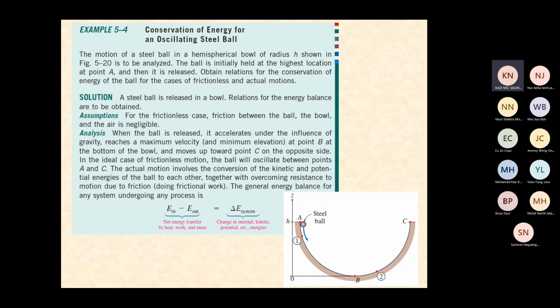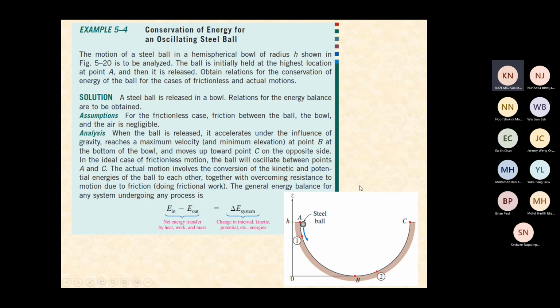Conservation of energy for an oscillating steel ball. Here you consider a steel ball. You drop it, imagining that there is no friction loss and no heat generation, nothing. Then it will drop down from here and go back to exactly the same height on the opposite side, because there are no losses.